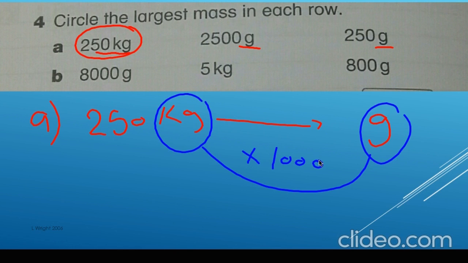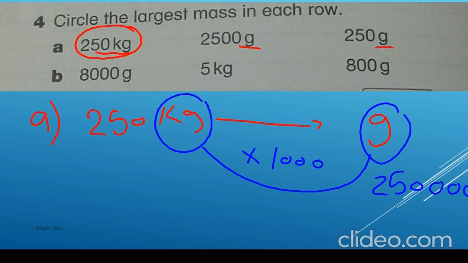Okay, so the answer will be 250 and add 3 zeros, as simple as it. So the answer will be 250,000 gram.